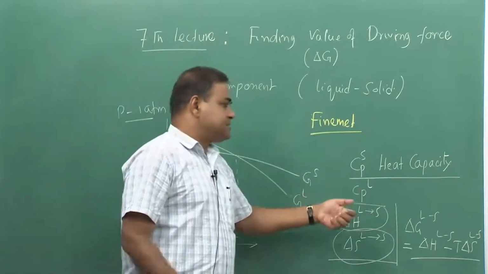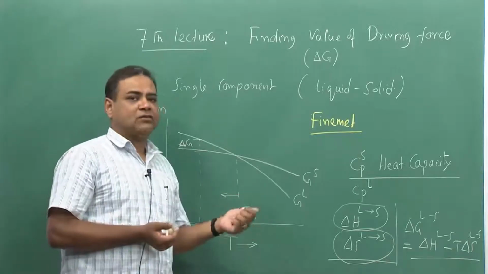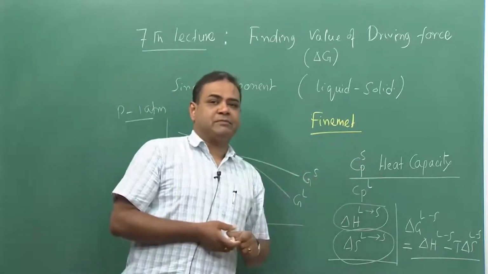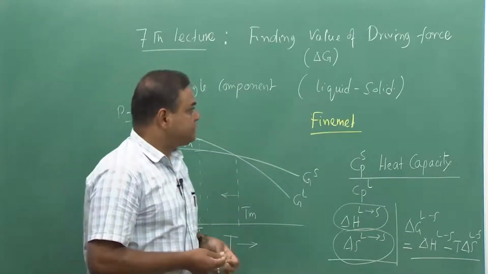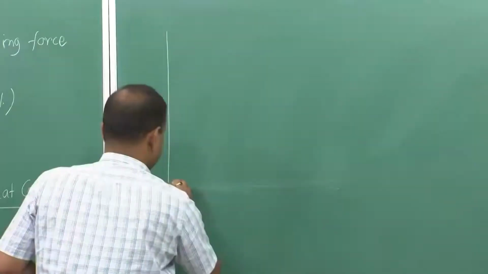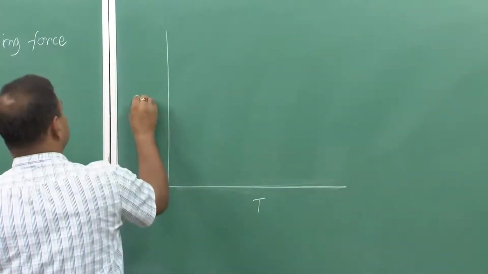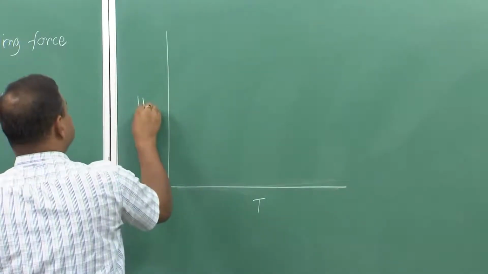So this simple formula we can use, and now we have to find out how to get del H as well as del S. Let us assume that we have calculated values of these two parameters.